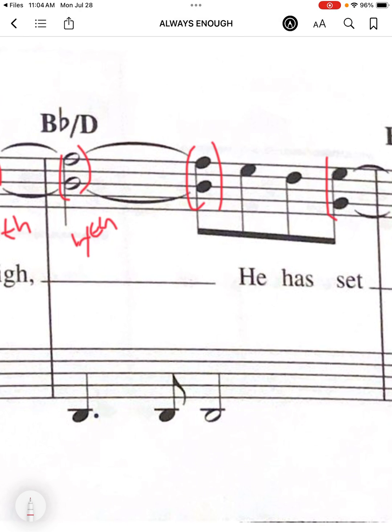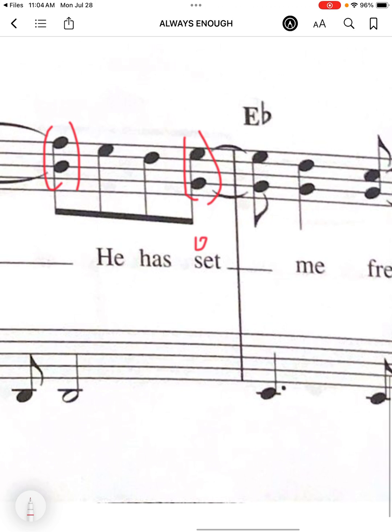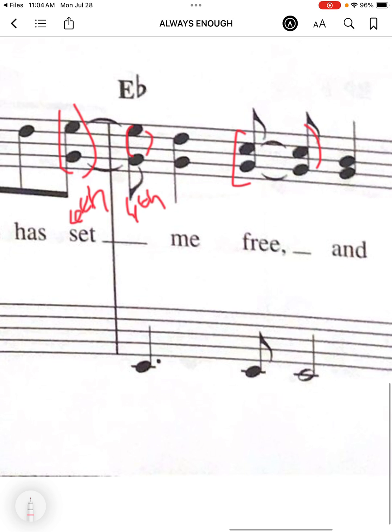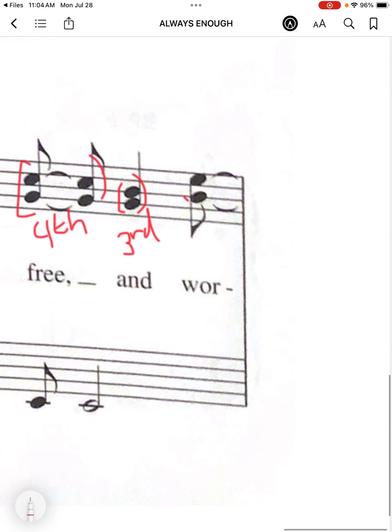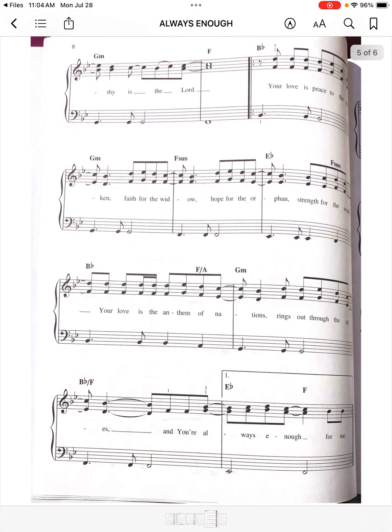And then this one second, and this one's sixth. Sixth going on this. Fourth going on those two. Third going on him. And the fourth going on him. All right.